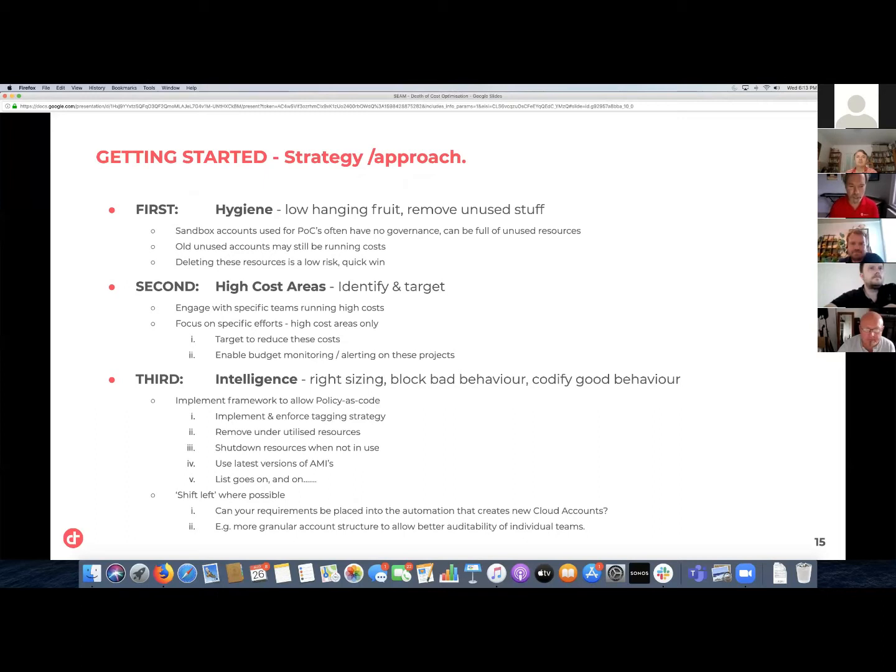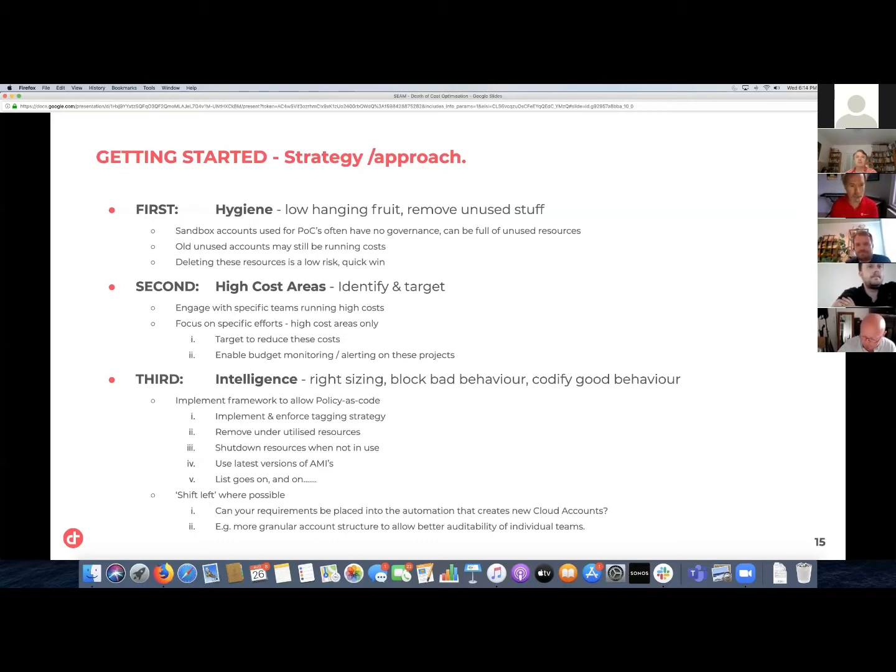So finding out bad behavior, codifying good behavior. And I think this bit is really important: policy as code, which we'll talk about in a bit. Rather than looking at it as a hindrance or a blocker to what you're trying to do, look at it as a way of codifying good behavior. Instead of having a negative connotation, let it have a positive connotation.